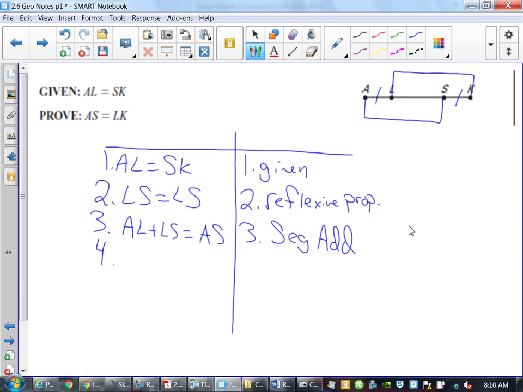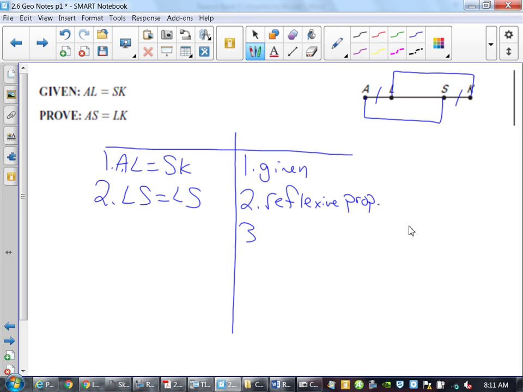Oh, you know what? I probably could have done it easier. Let's scratch that for one second. Let me do something else here real fast. I just realized that I'm going the long way. This happens a lot of times in proofs. What if I add the same thing to both sides with an equal sign? What is that? That's add property of equality, right? Because we already have AL and SK together.